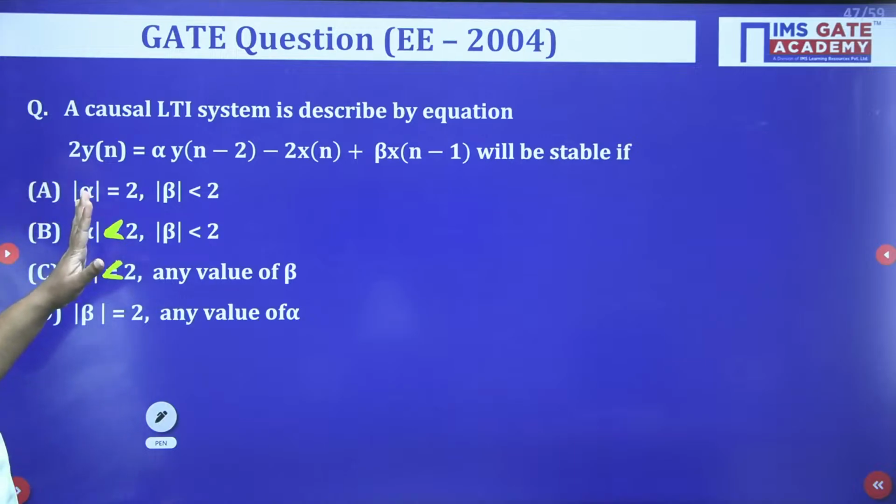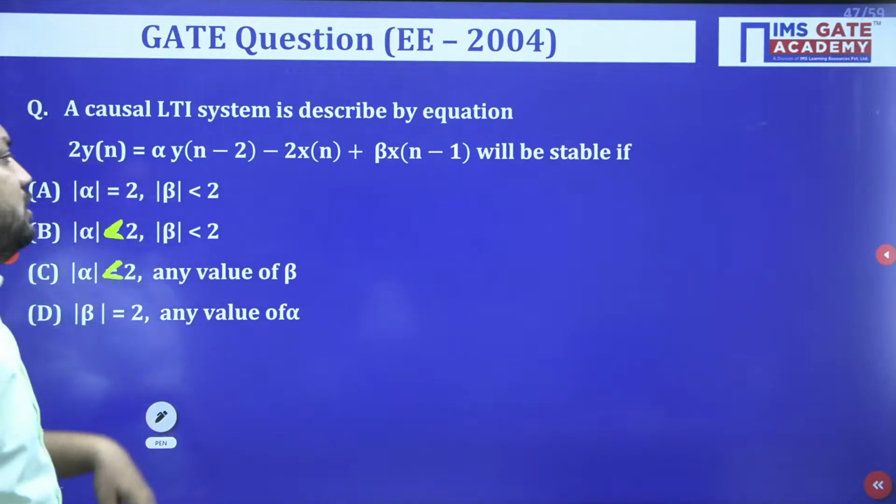So the first step coming to your mind is that we should take the z transform on both sides.